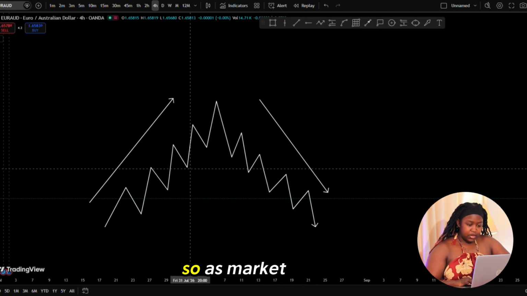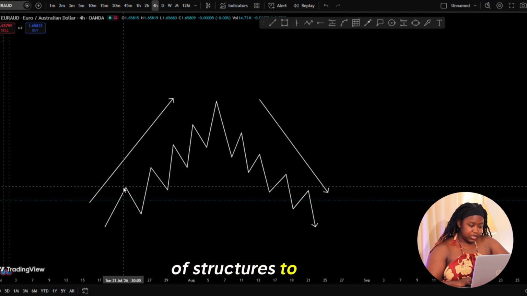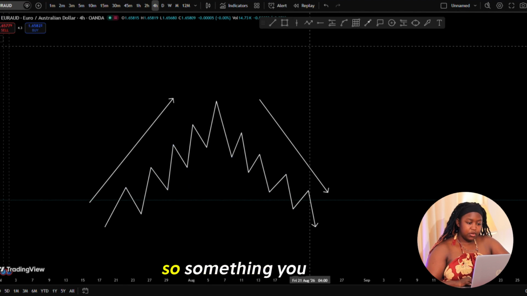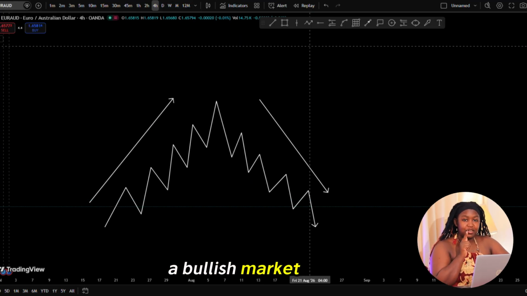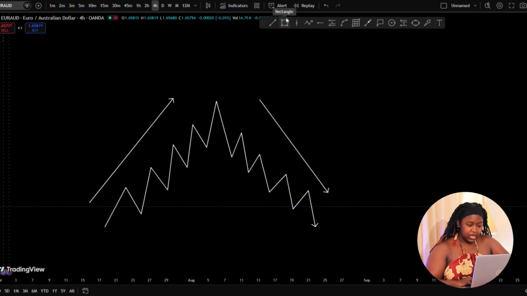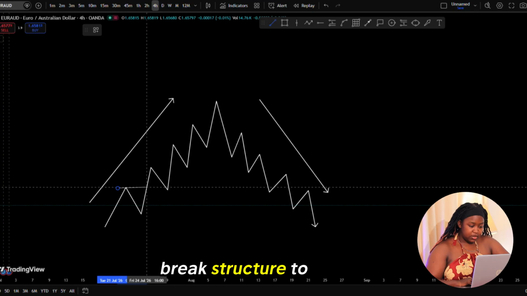As market is moving to the upside, it's creating break of structures to the upside. Something you need to know is that in a bullish market trend, price breaks structure to the upside, and in a bearish one, it breaks structure to the downside.